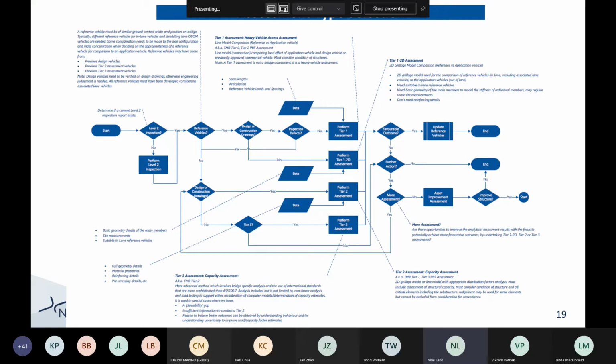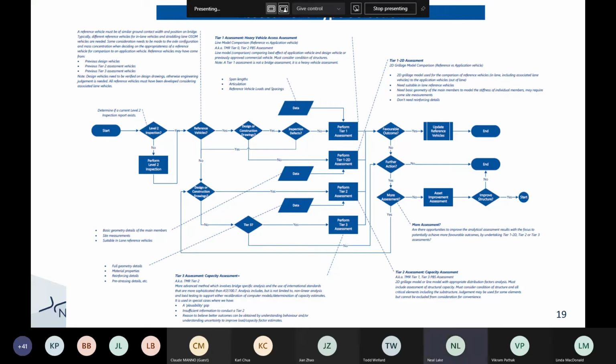The second point I wanted to make is that the real split between whether you do higher tiers of assessment versus Tier 1 comes down to, do you have appropriate reference vehicles to compare any vehicle requesting access to? If you don't have appropriate reference vehicles, then you can get funneled off onto the higher order tiers of assessment.